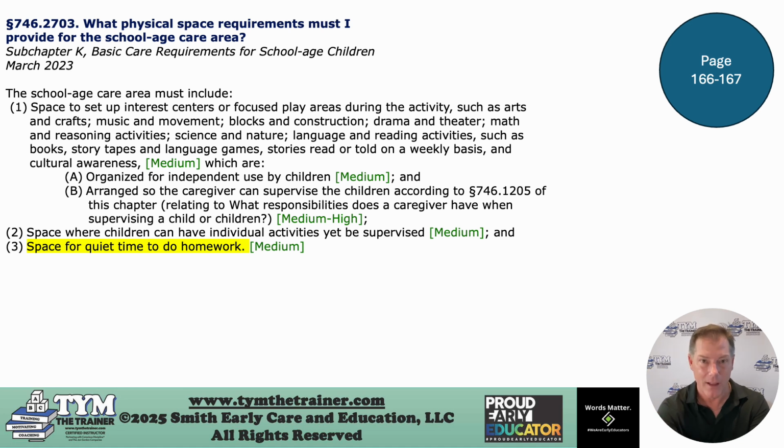I can tell you a lot of crazy stories where I've had parents upset because their kid was failing the second grade and they wanted to blame it on us. Unless you're offering tutoring services, unless that is a service you provide, hey, we're going to provide time and space, but it's up to you to be able to check their homework.